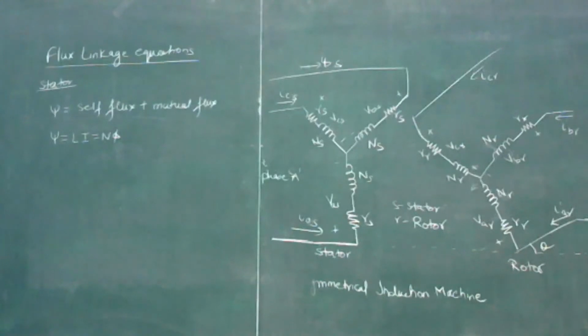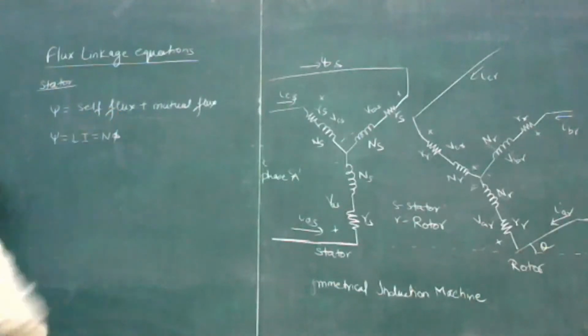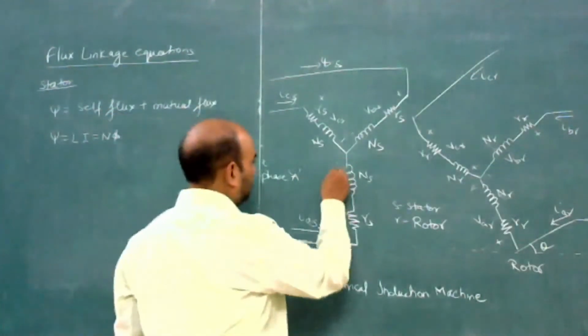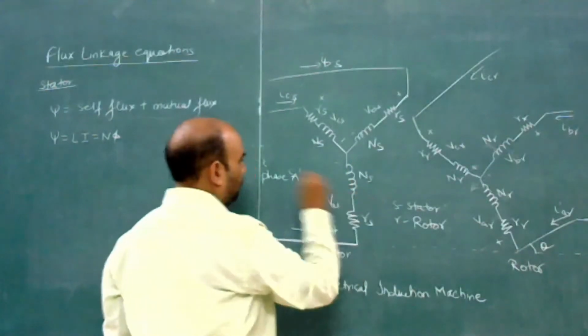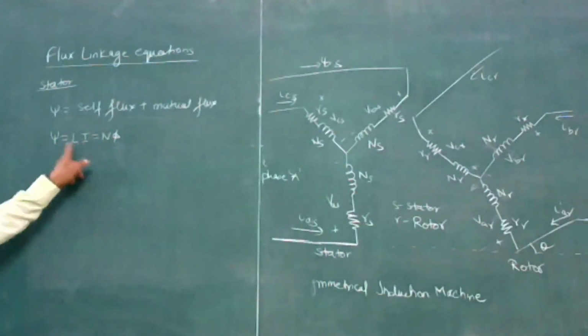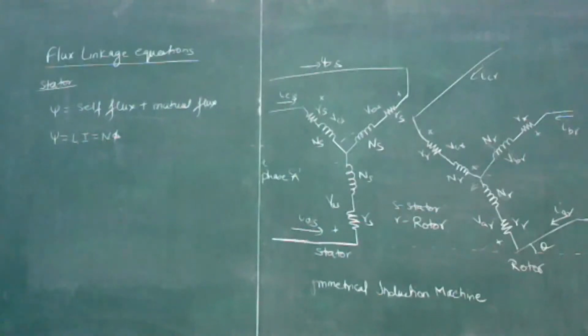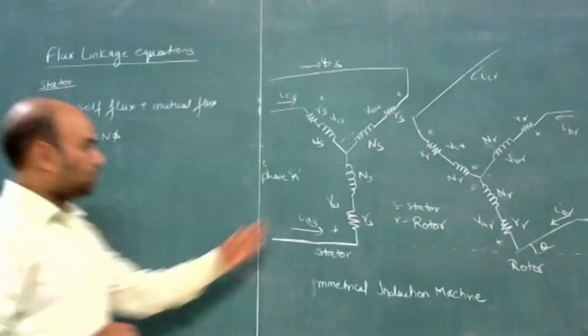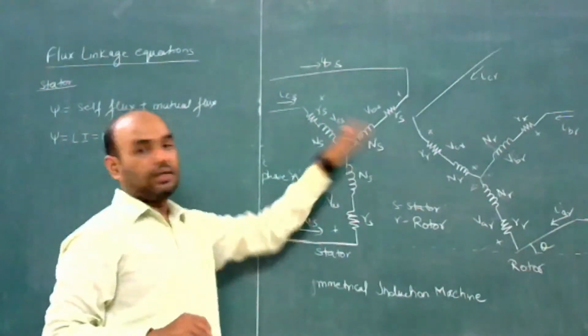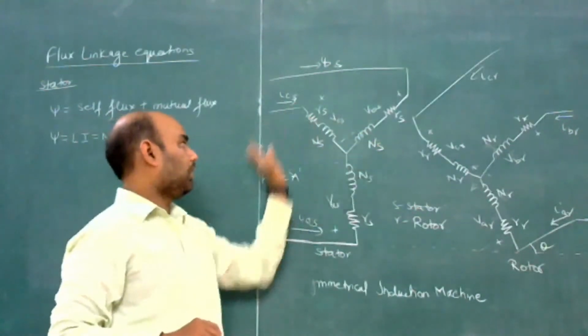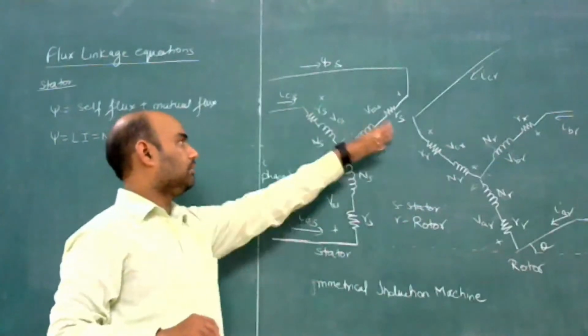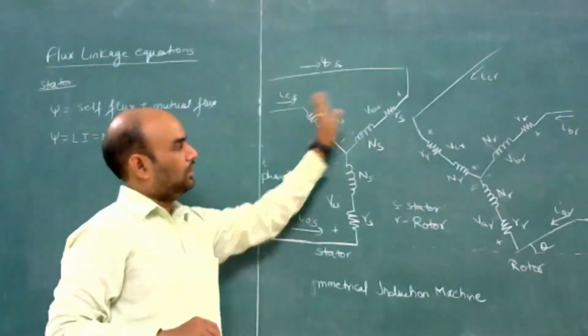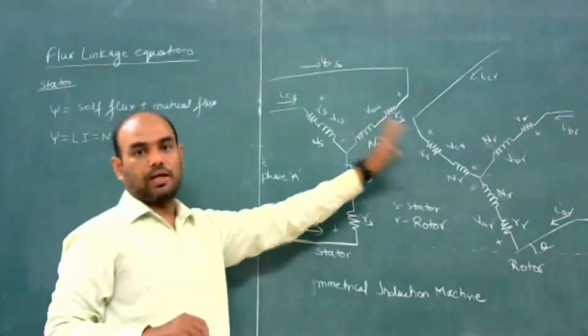So the flux linkage of the stator is due to self flux and mutual flux. This self flux is due to its own flux, and its mutual flux is due to when current flows in another winding, so all other windings, and this flux is linked with the flux of the other windings of the stator and rotor.